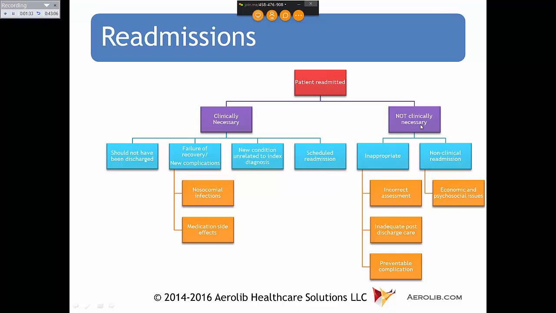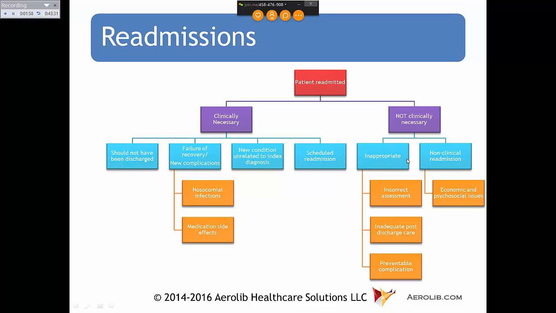Now look at the not clinically necessary readmissions. These are the inappropriate or the non-clinical readmissions, and this is the economic and psychosocial issues. You prescribed Lasix, and this patient should have been on Coumadin for AFib. Turned out they didn't have money, or the usual issue of medications got lost, but now they're back in for pain medications.